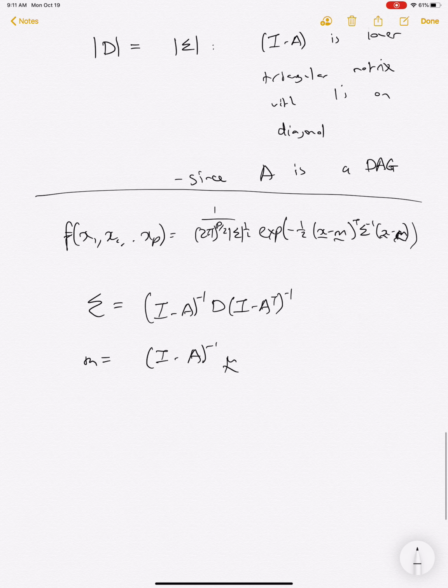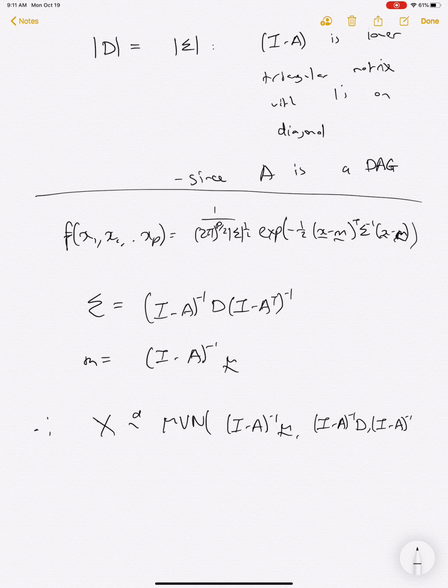And therefore x is multivariate normal with a mean of (I minus A) inverse mu, and a covariance of (I minus A) inverse D (I minus A) inverse transpose. Using properties of matrices and inverses, the transpose of the inverse is the same as the inverse of the transpose.